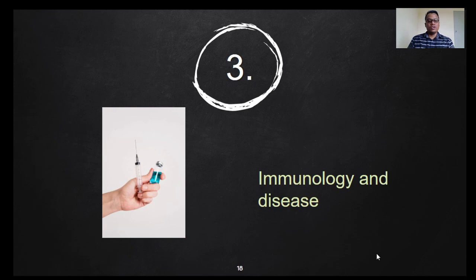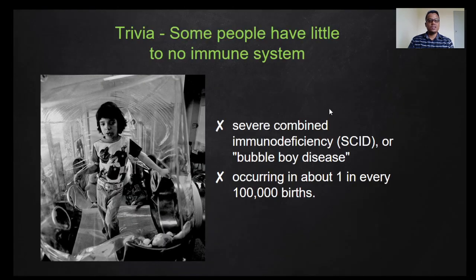So let's look at some basic facts about immunology and disease. Some people have little to no immune system at all. A disease known as severe combined immunodeficiency, SCID, or bubble boy disease.